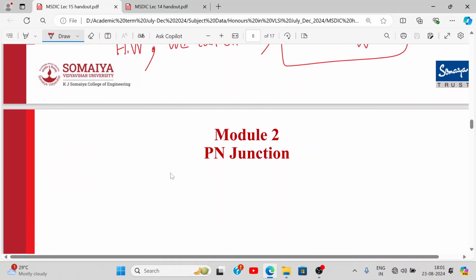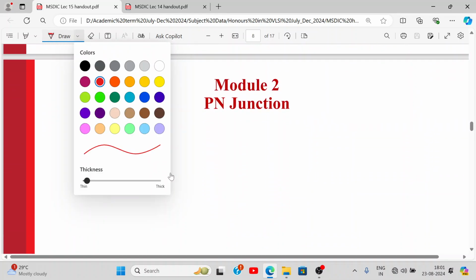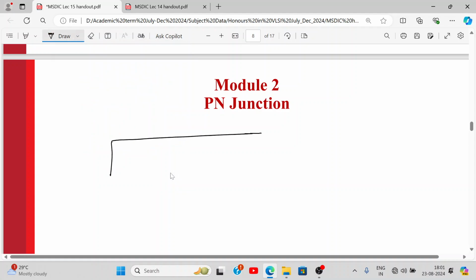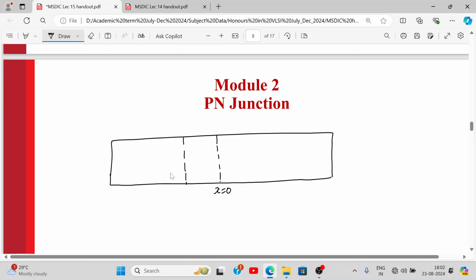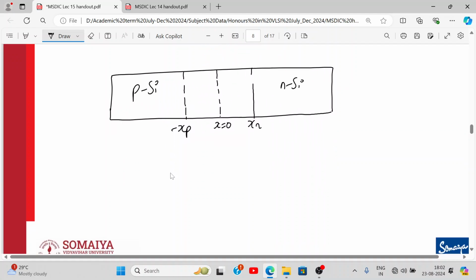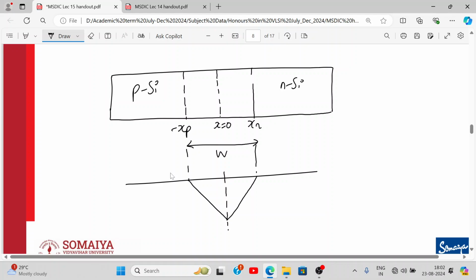So in summary, this was the PN junction. X equal to 0, minus Xp, Xn. This was P silicon, N silicon. How did we get the value of W? This was W. And if I plot over here the electric field, this was the electric field, right?